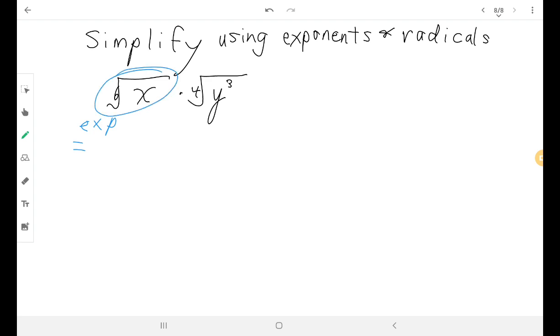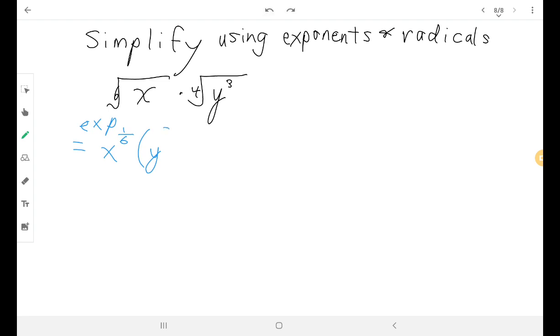This is x to the 1, because you don't see anything there, so it's x to the first, to the 1 over 6 power, times y to the 3 over 4 power.